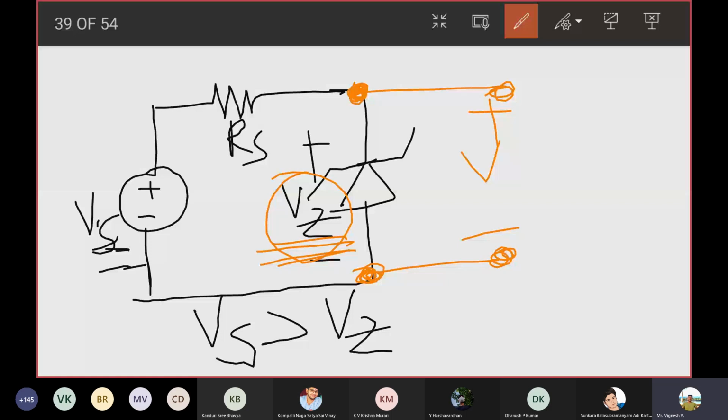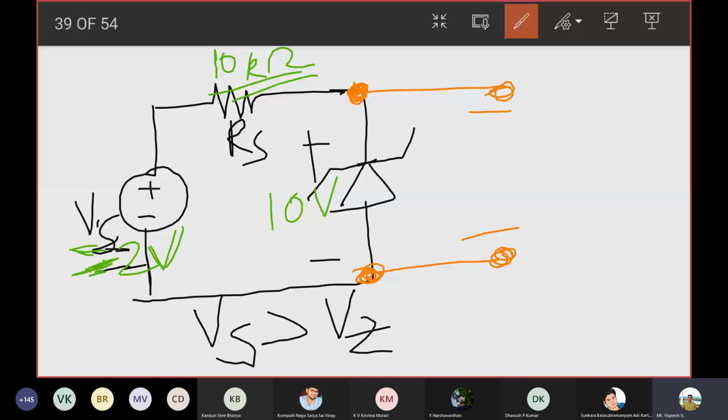I'll give you an example. Let us say the Zener voltage VZ is 10 volts. Now let us say your source voltage is 2 volts, and let me take RS as 10 kilo ohm.